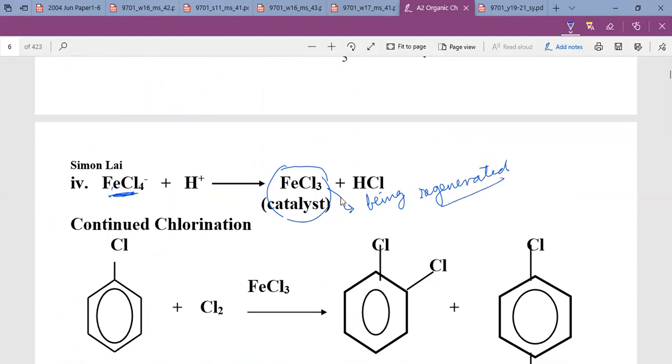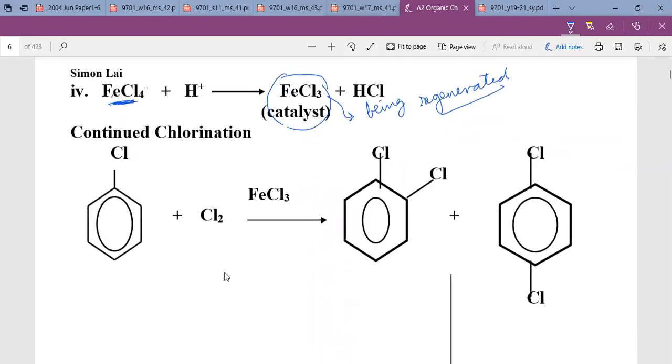A catalyst will participate in the reaction, but in the end, it remains the same as the beginning. Now, before I go on to show you a question, this is called a continued reaction. I'll tell you first about ortho and para. I told you before, this carbon is called the first carbon, the reference carbon.